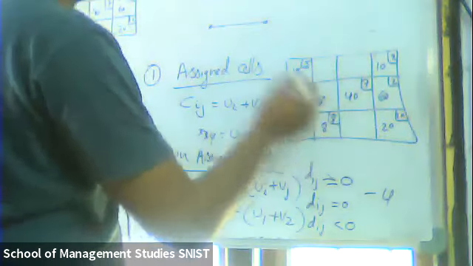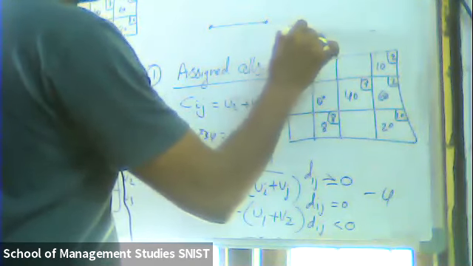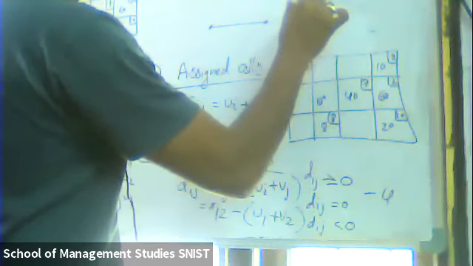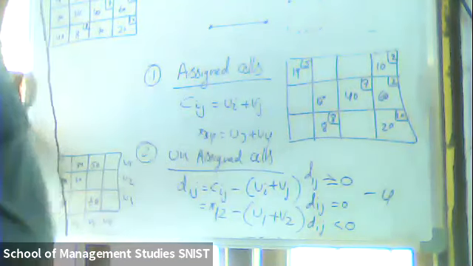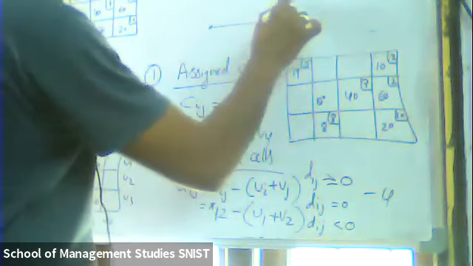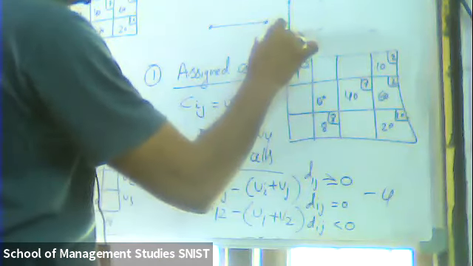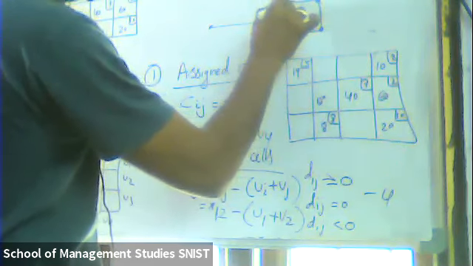Now if I stop here, the loop has to go either vertical or horizontal and has to close at that particular point where you started. Suppose you started here and you go like this and end here, which is an assigned cell, then you go here and end here, which is an assigned cell, and you go here and end here and stop where you started.